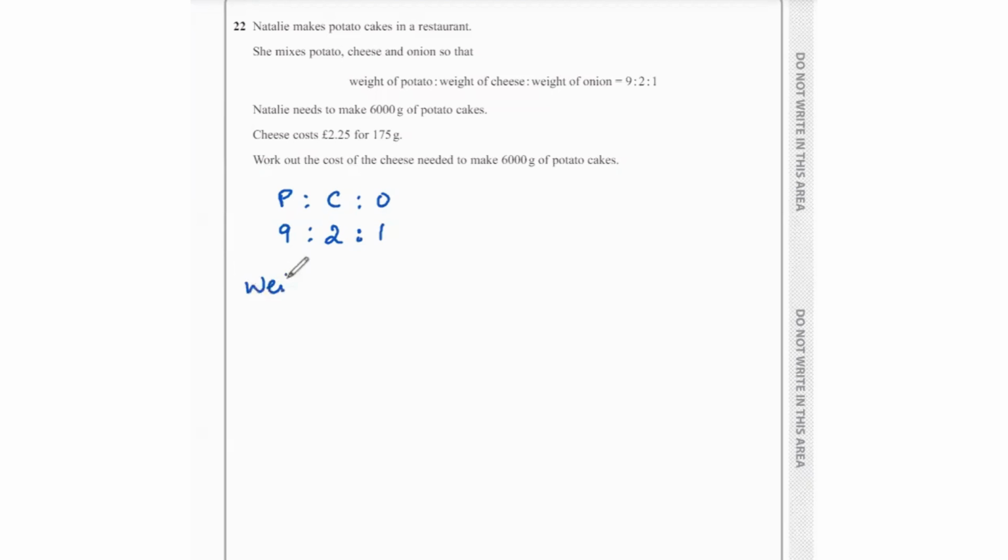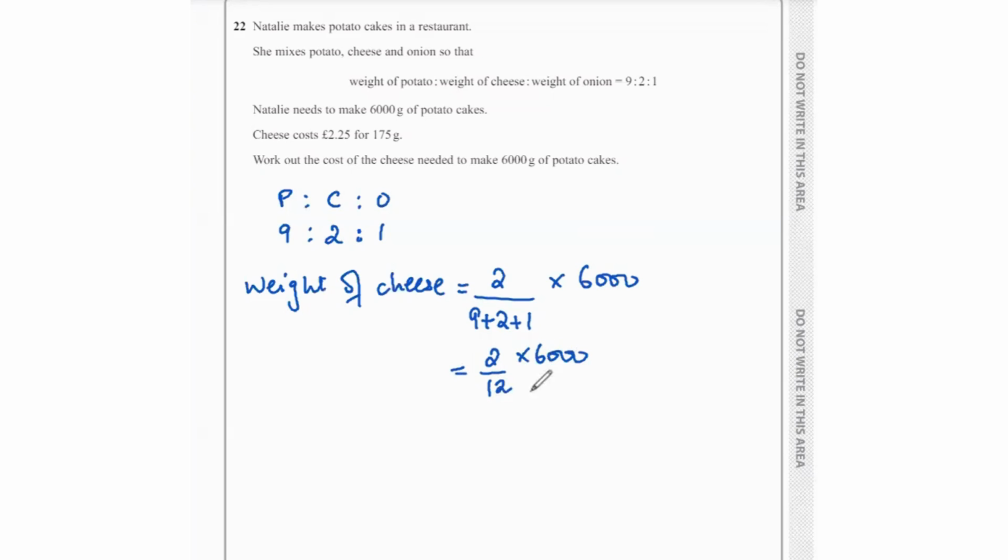So weight of cheese is going to be 2 over the sum of 9, 2, and 1 times the total weight of potato cakes, which is 6,000 grams. So that's 2 over 12 times 6,000, and that's going to give us 1,000 grams. This is the weight of cheese being used to make the 6,000 grams of potato cakes.